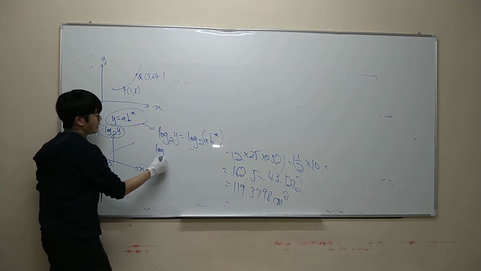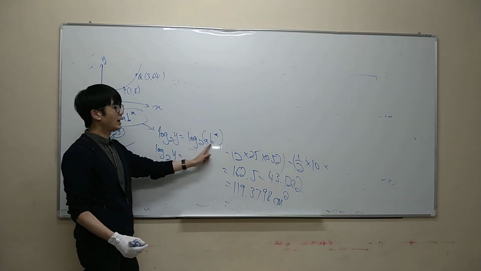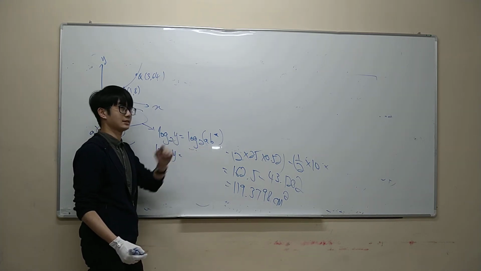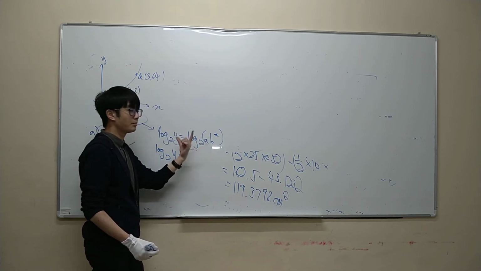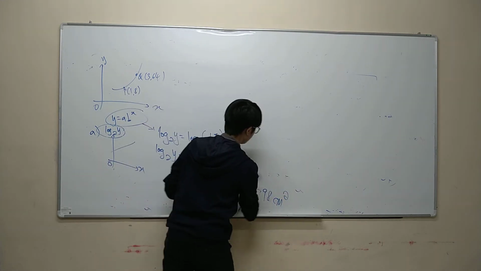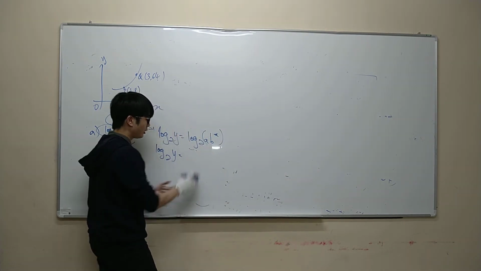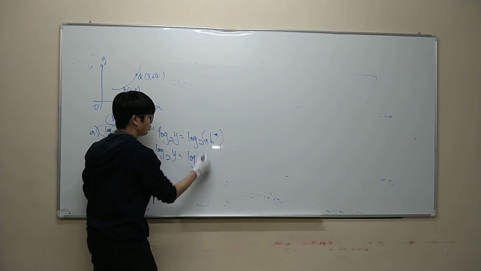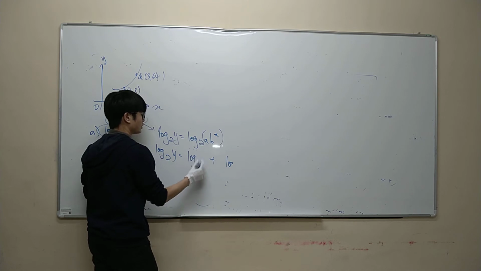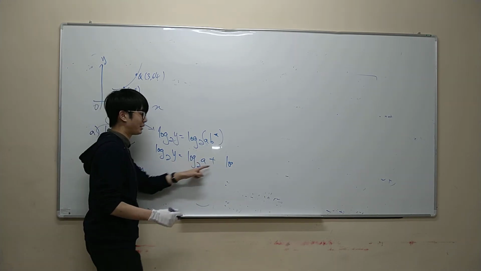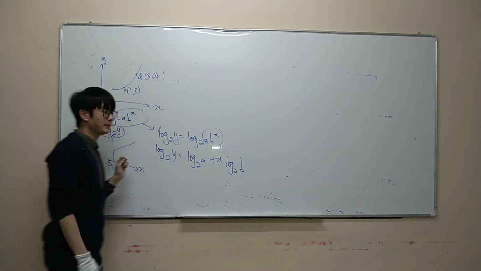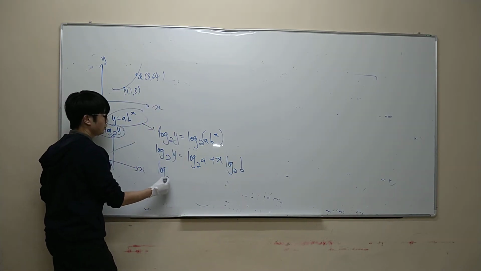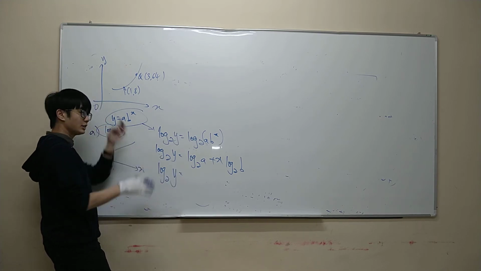And then next it will be log y base 2. Single log times, separate log plus. If single log divide, separate log minus. So it becomes log base 2 of b, plus log base 2 of a, plus log base 2 of b power x, and the power can be brought to the front. So log base 2 of y equals, and you have to arrange it into linear form.